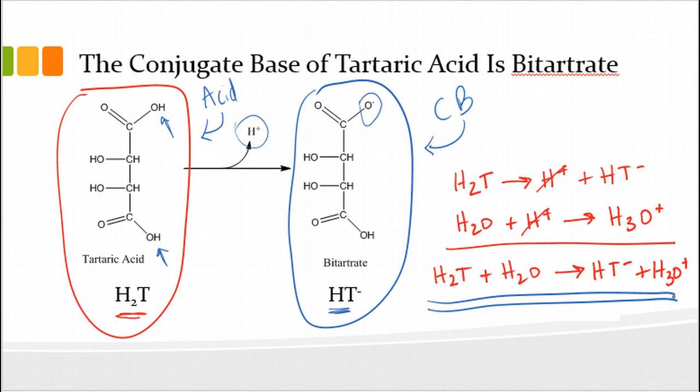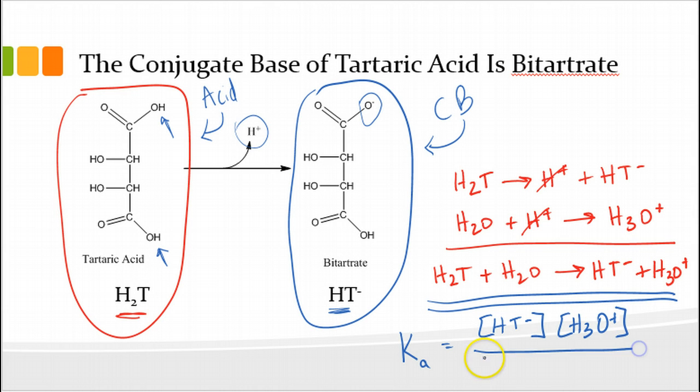And then we set up an equilibrium, where the equilibrium constant, Ka in this case because we're talking about the dissociation of an acid, equals the product of the concentrations of the products divided by the product of the concentrations of the reactants.